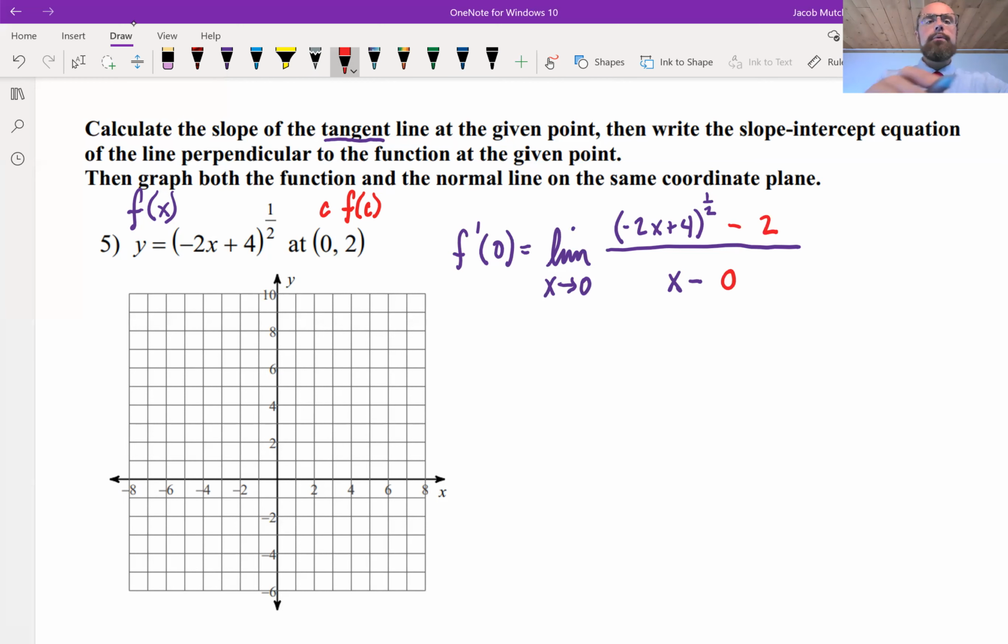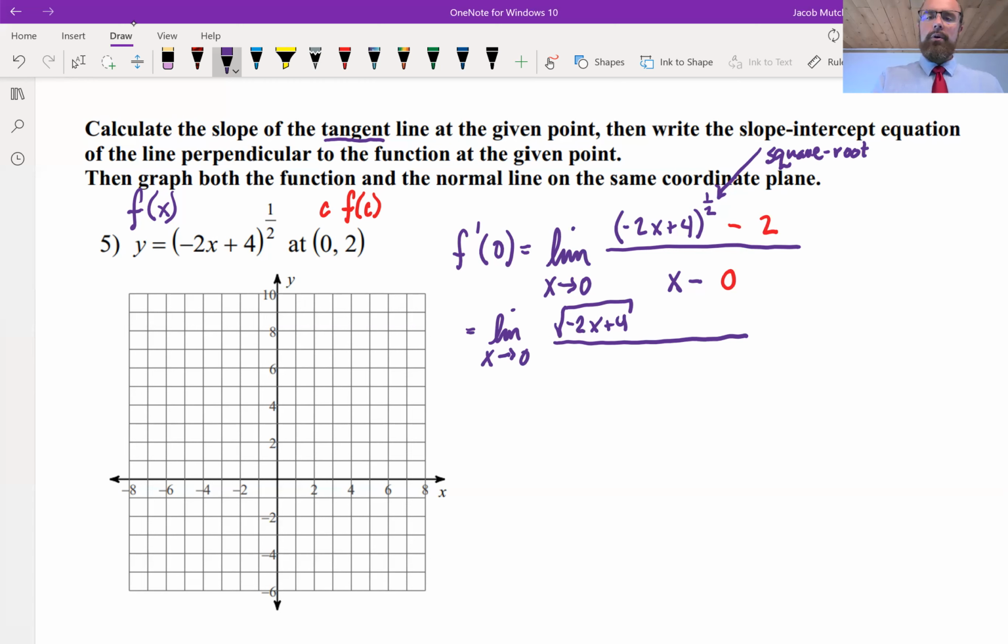One thing that I need to remember is that this power of half is really a square root. So just to capture a way to deal with this limit, I'm going to rewrite this initially as the limit as x approaches 0 of, not the power of a half, but the square root of negative 2x plus 4 minus 2, over simply x.